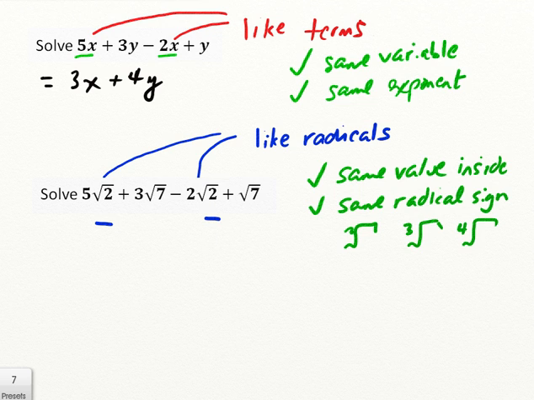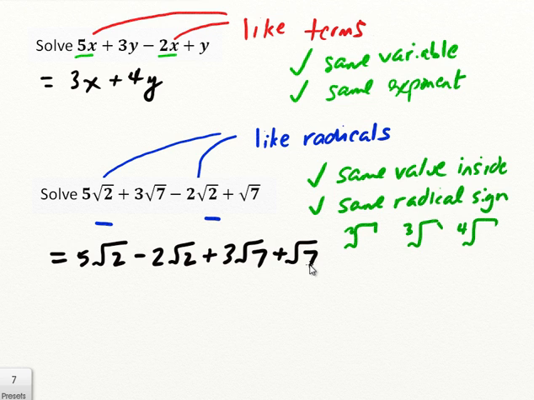And just as I was able to combine the like terms above, I can also combine the like radicals. So I'm going to write them right beside each other. This 5 root 2 can be combined with the negative 2 root 2 because they are like radicals. The plus 3 root 7 can be combined with the plus root 7.